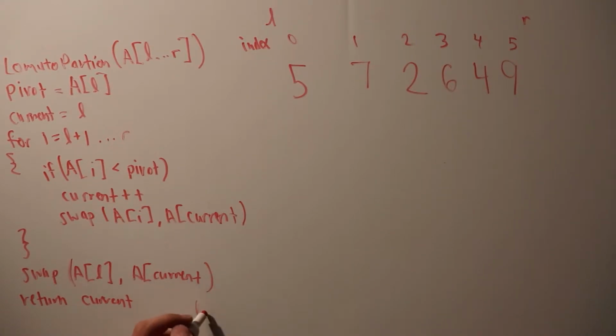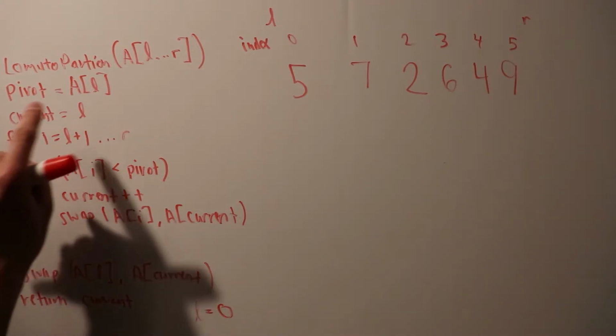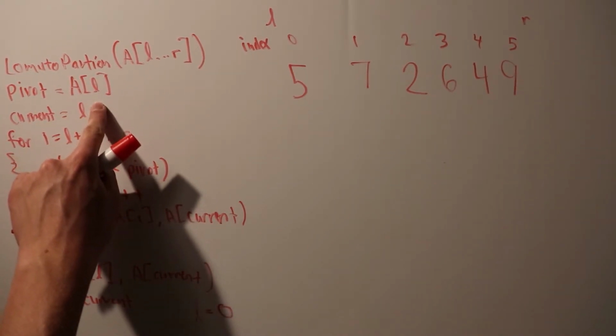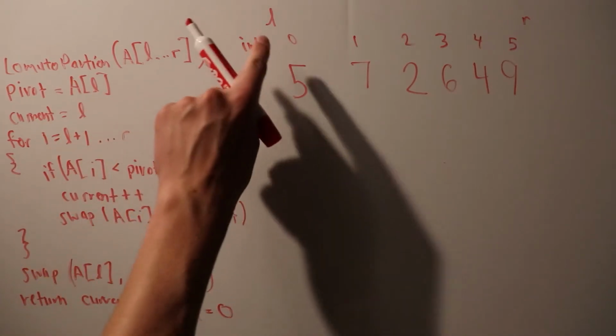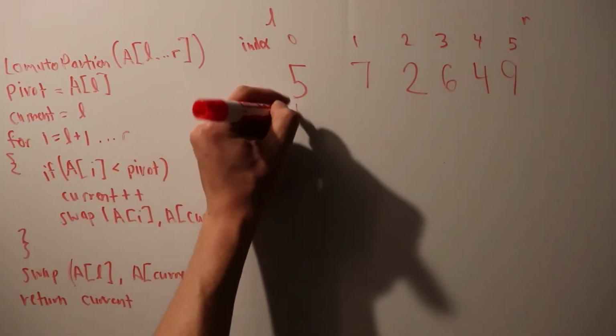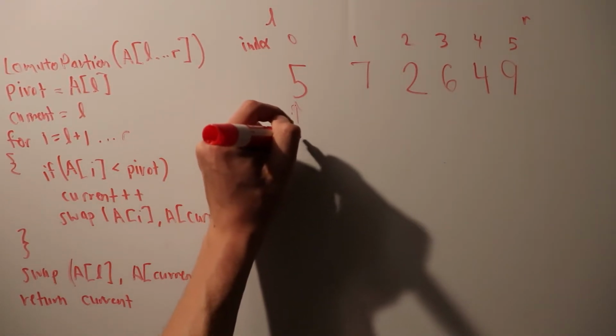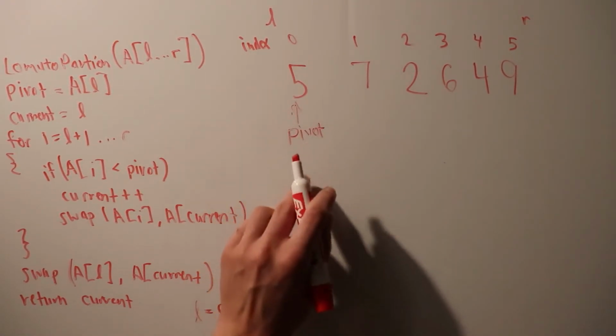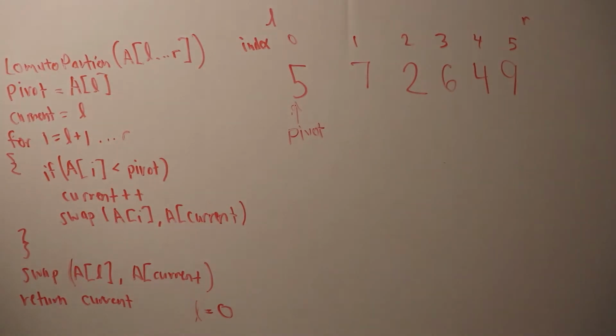Can you see that? Yes, awesome. L is equal to 0. The index 0 in the array is 5, right? So our pivot is equal to 5, and that's usually how it starts off, always that leftmost index in the array.